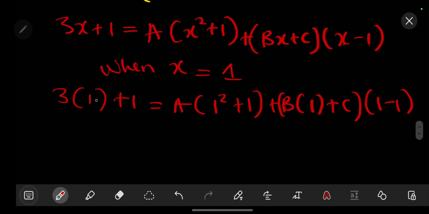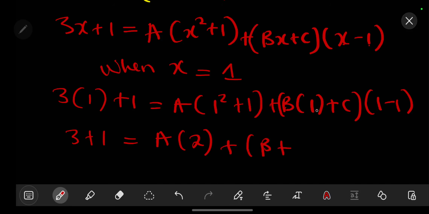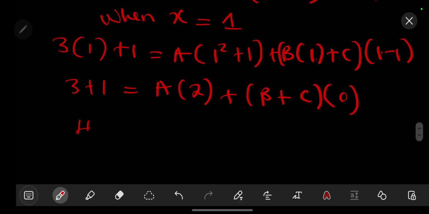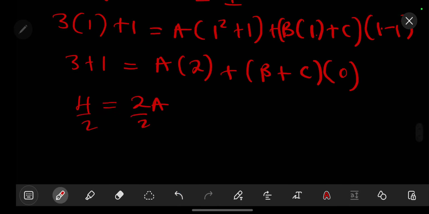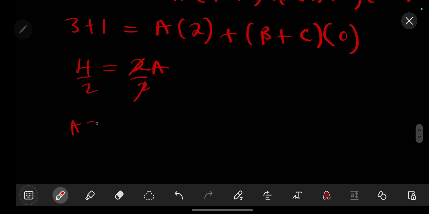This gives us 3 plus 1 on the left; on the right, 1 squared is 1 plus 1, which gives us a 2, plus b plus c times 1 minus 1, which is 0. So already we have 4 equal to 2a. Plus 0, since anything times 0 is 0, which we are not going to write. Dividing by 2, we end up with a equal to positive 2.